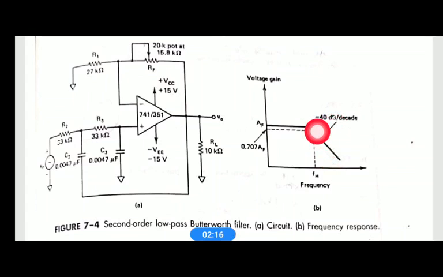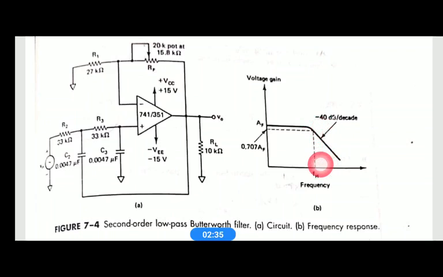After fh, the gain slowly decreases, and as we increase the frequency further, at some frequency the gain is completely reduced to 0. But soon after fh, it is not completely reduced to 0.